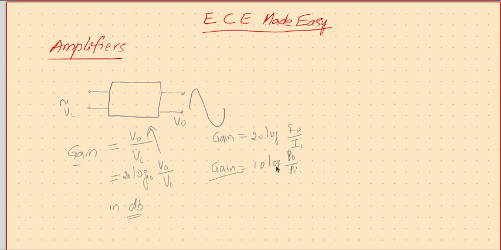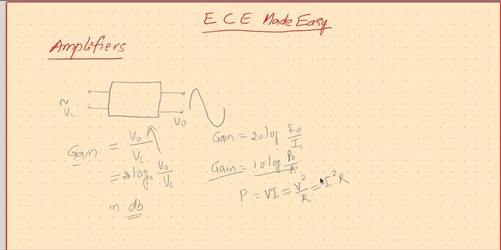In reality, this was the actual definition. Because power is a product of V and I, and V and I can be represented by each other through resistance, I can be represented as V by R, therefore it becomes V square by R, or V can be represented by I into R, in which case it becomes I square R. So whatever it is, you are talking about V square or I square.